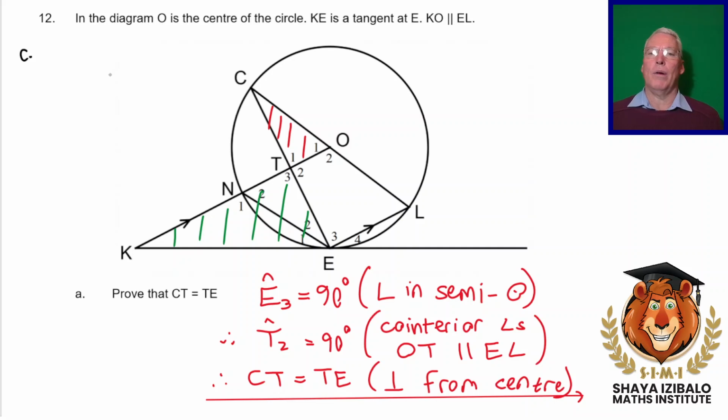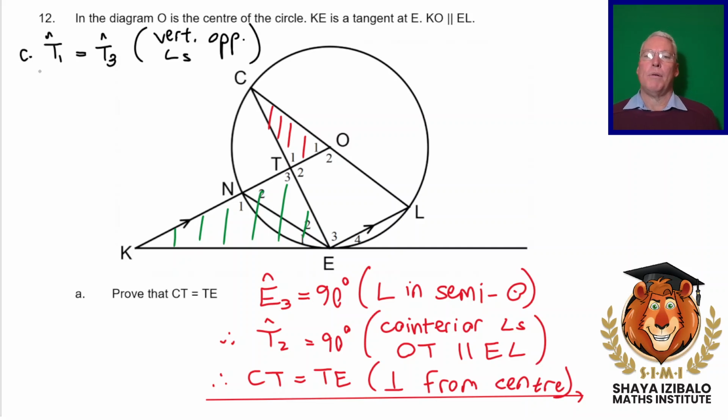So what we know straight away is that T1 is equal to T3, and the reason for that is vertically opposite angles. Okay, but we also know that angle C equals angle K. And even if we couldn't prove the cyclic quad, those are angles in the same segment.